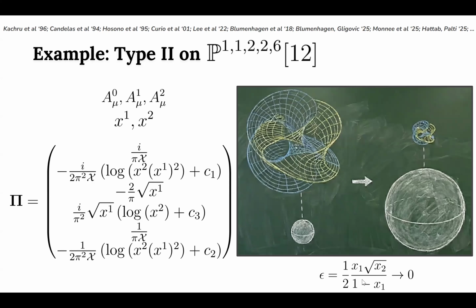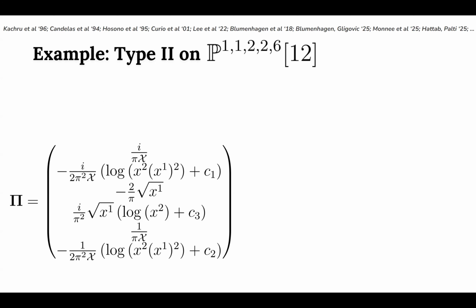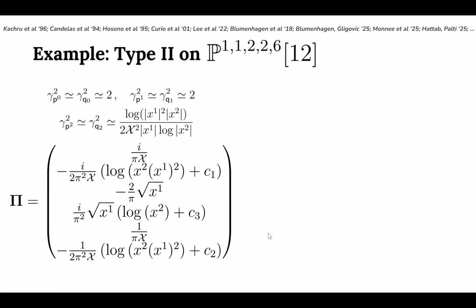Now that we have explained what is happening geometrically, we can start checking our decoupling condition. We can check immediately the charge to mass ratio for our states and realize how some of these are diverging for small values of x1 and x2.